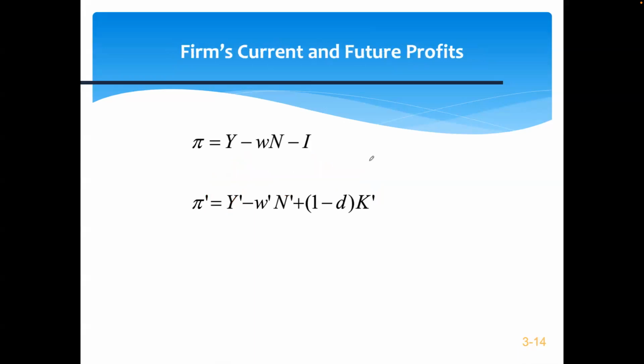Now let's look at the firm's current and future profit. From there, we can see the firm's optimal decision. Start with the current period. So in the current period, profit pi equals output Y minus w times N, which is the labor cost, minus investment.